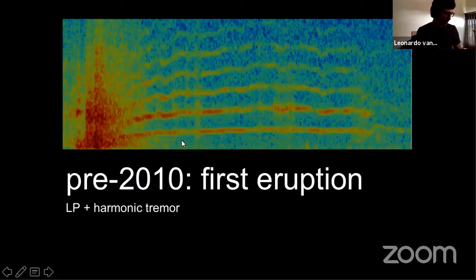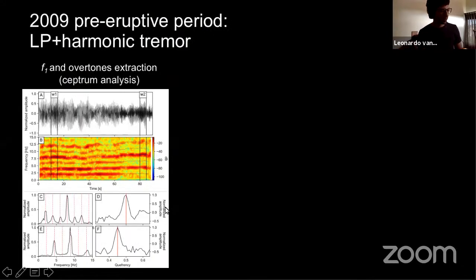So I'm going to talk a little about this first stage that occurred before the first eruption, which was dominated by the LP plus harmonic tremor event. For this signal, our interest is to detect changes and variations in the fundamental frequency and overtones of this tremor.